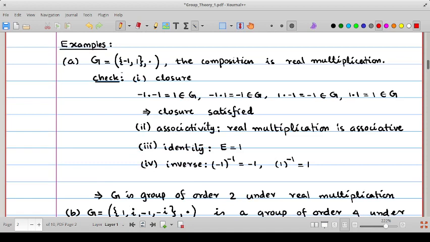If it is to be a group, then all elements should have unique inverses as well. First, we consider the element -1, and we see that -1 times -1 is 1, which means -1 is the inverse of -1. So we have -1 inverse is -1, and similarly 1 inverse is 1.